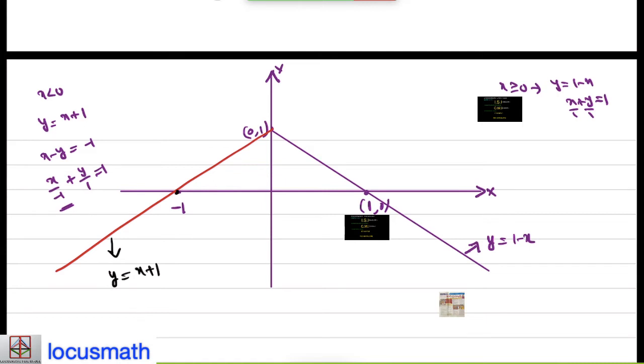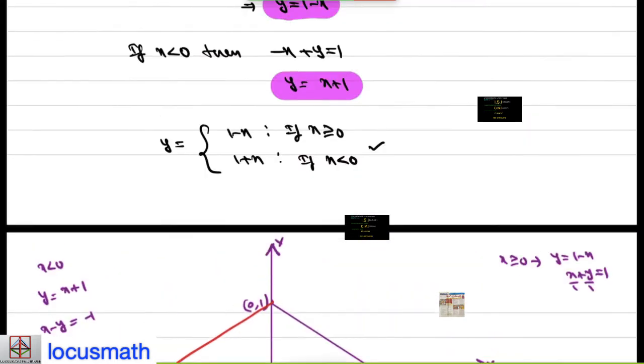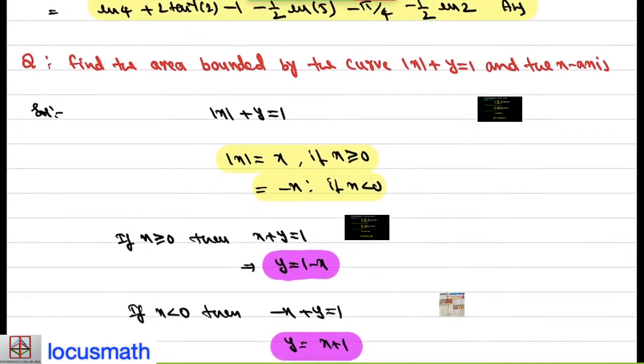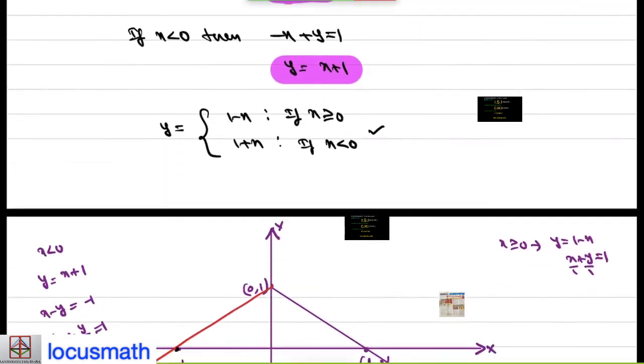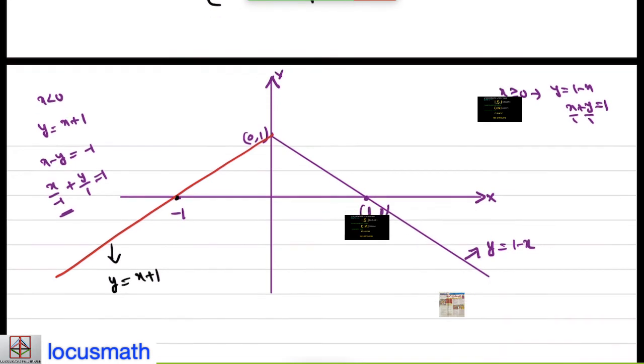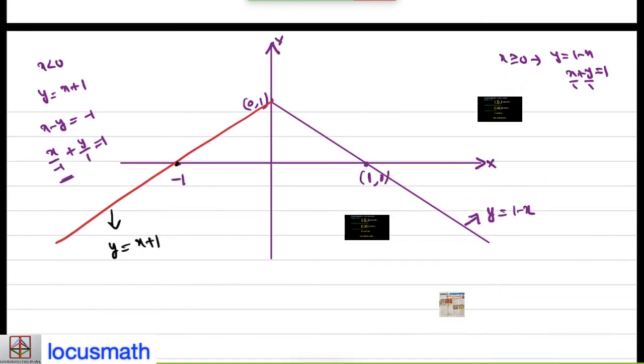Now the question is: find the area bounded by mod x plus y is equal to 1 and the x axis. So the required area is this one, the area bounded by this curve and the x-axis, the shaded area.